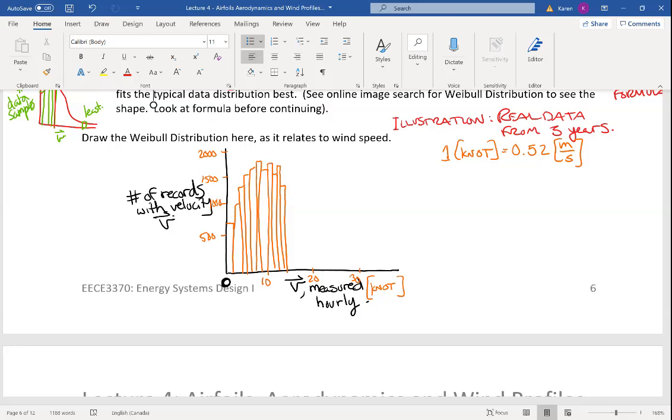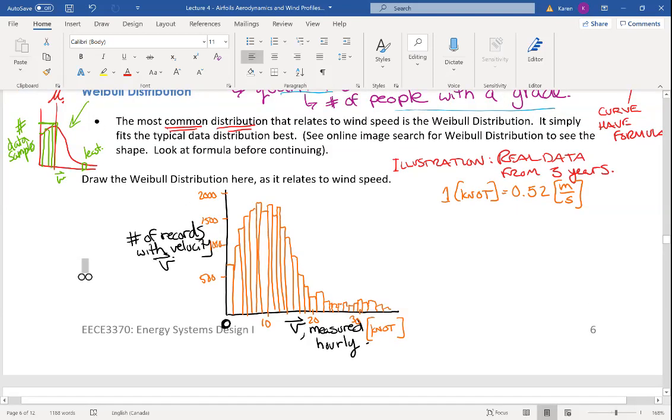And then around 20, there are not very many samples at all of wind speed this high. And then there's even less around 30. So the really high wind values did not get found very often in this sampling. So the samples look about something like this.